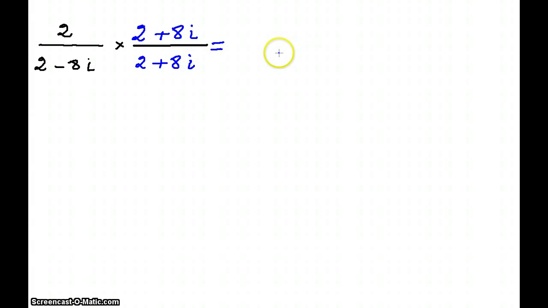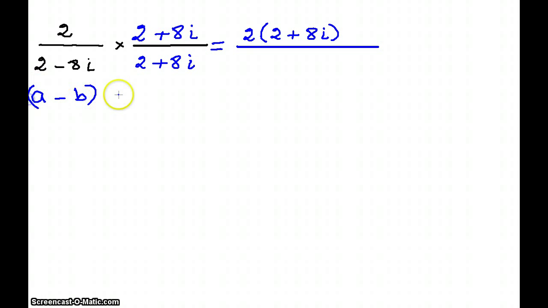When we multiply, we go straight forward, so we're gonna multiply numerator by numerator and denominator by denominator. This would be 2 times 2 plus 8i. Now the denominator is nothing but a minus b times a plus b, and that's what we call the difference of two squares.